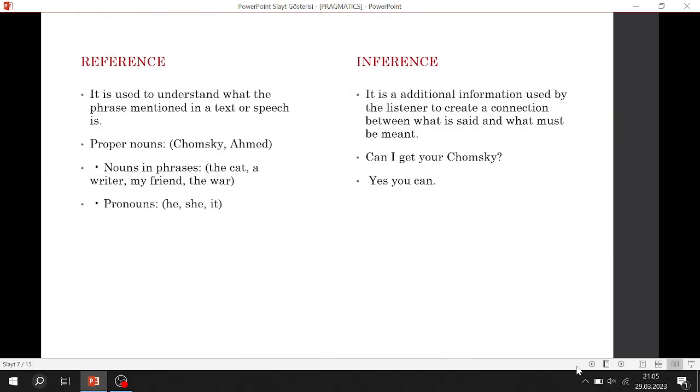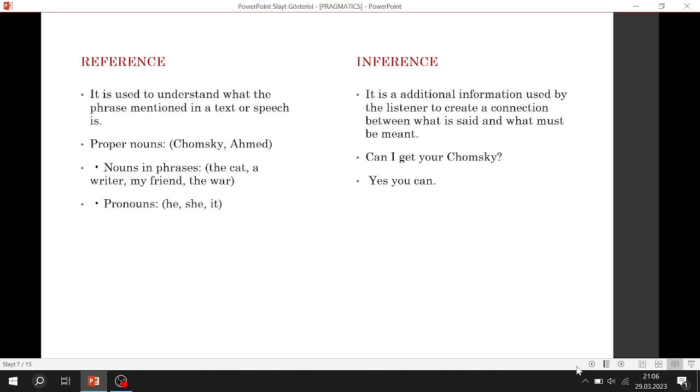Let's move on with reference and inference. Reference is used to understand what the phrase mentioned in the text or speech is. We use Chomsky, Ahmed, the cat, writer, my friend, the war, he, she, it as a reference. But inference is different from reference. It's additional information used by the listener to create a connection between what is said and what must be meant.